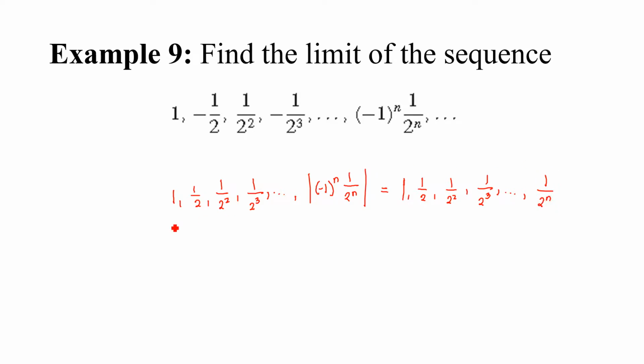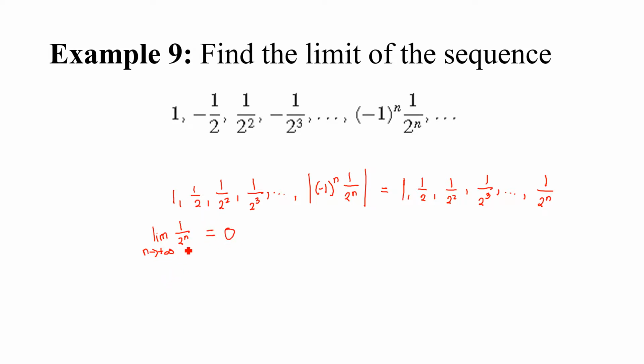So in other words, the limit of 1 over 2 raised to n as n approaches positive infinity is equal to 0. That is from our previous presentation.